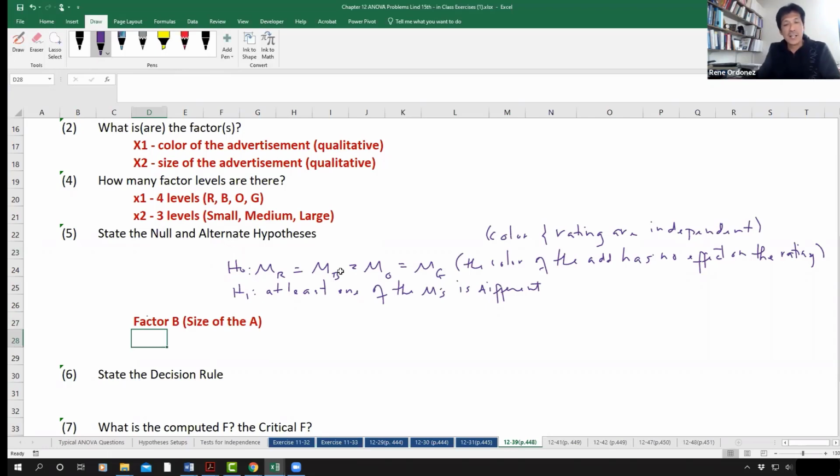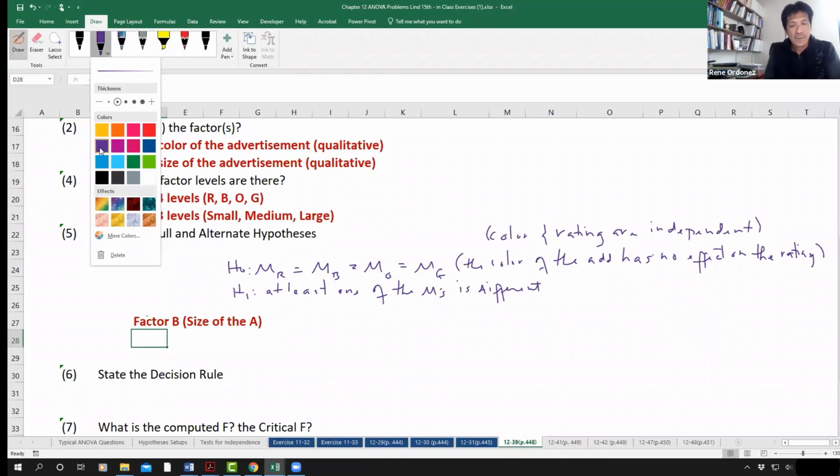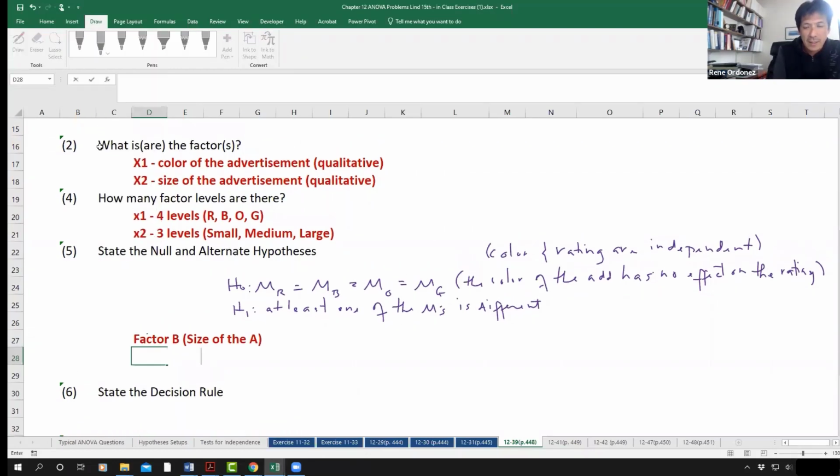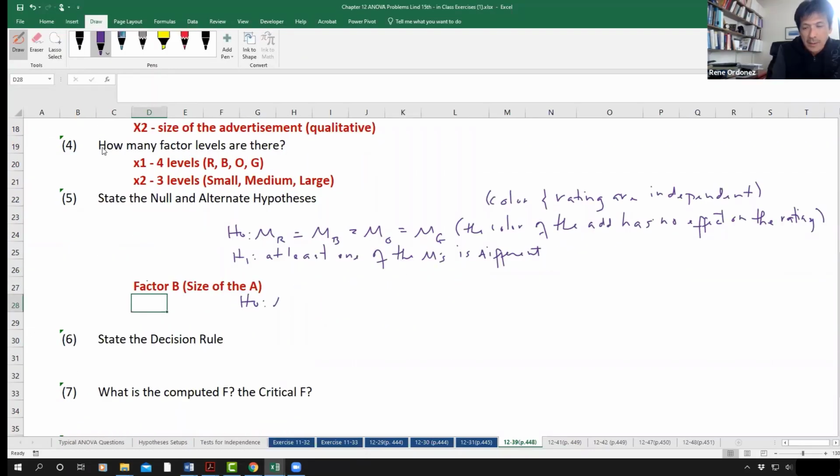So we state the null hypothesis for factor B. H sub 0, the mean rating for small is equal to the average rating for the medium is equal to the average rating for the large ad.